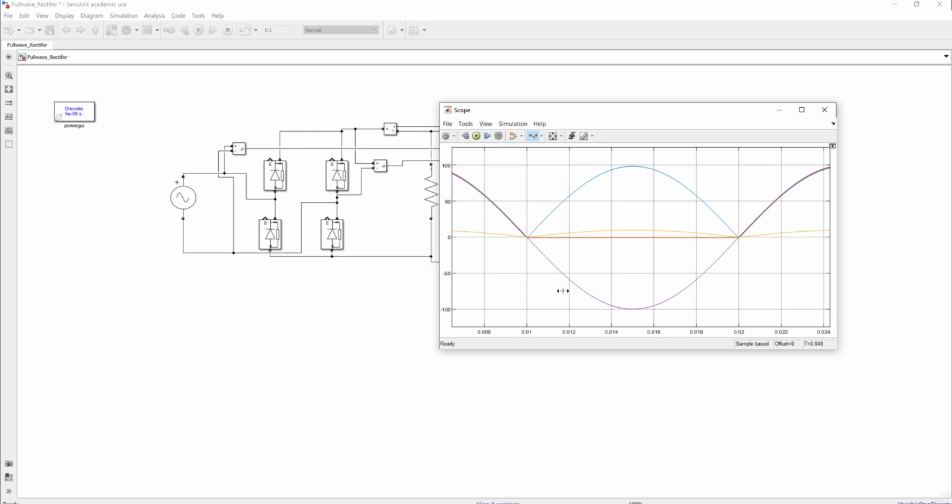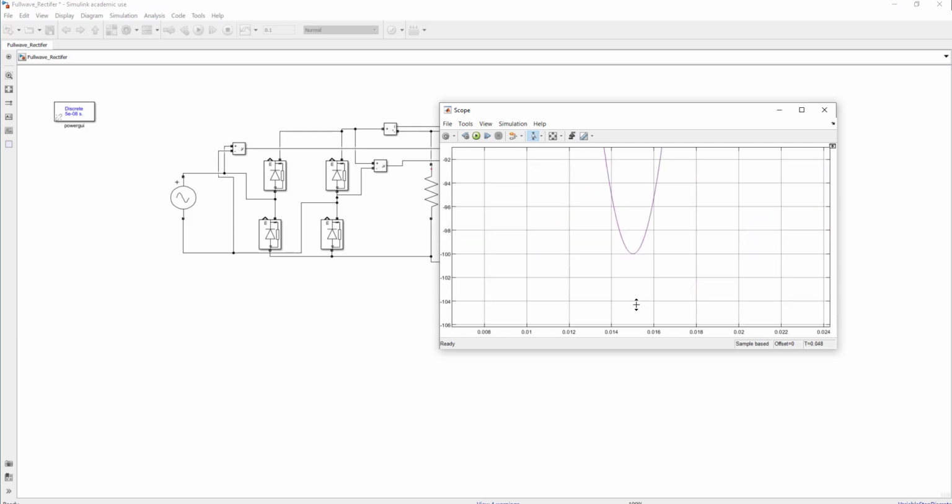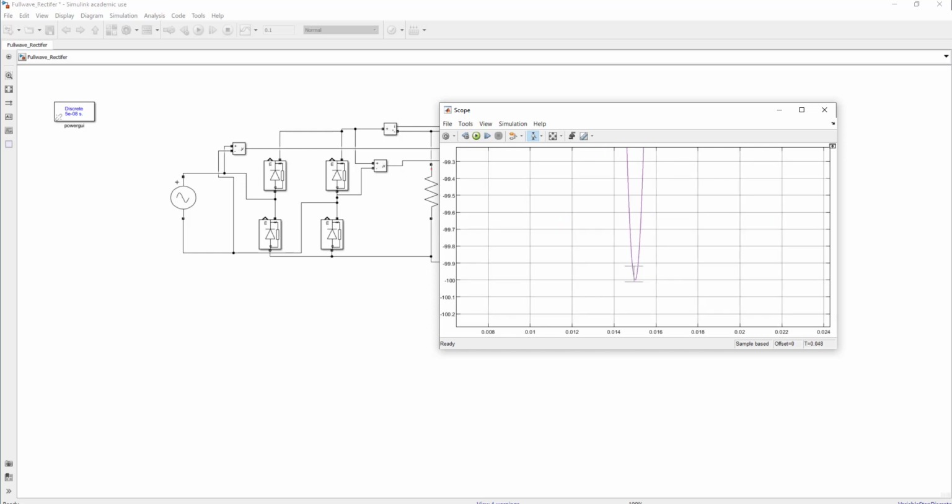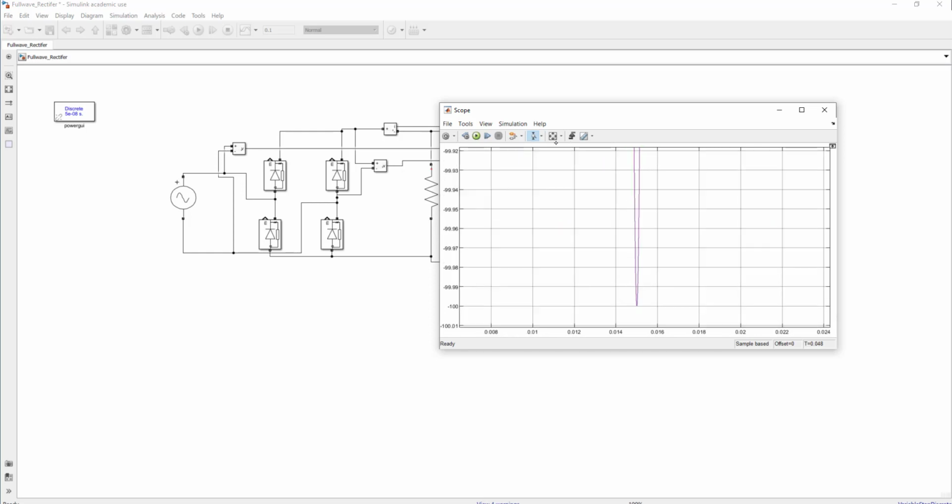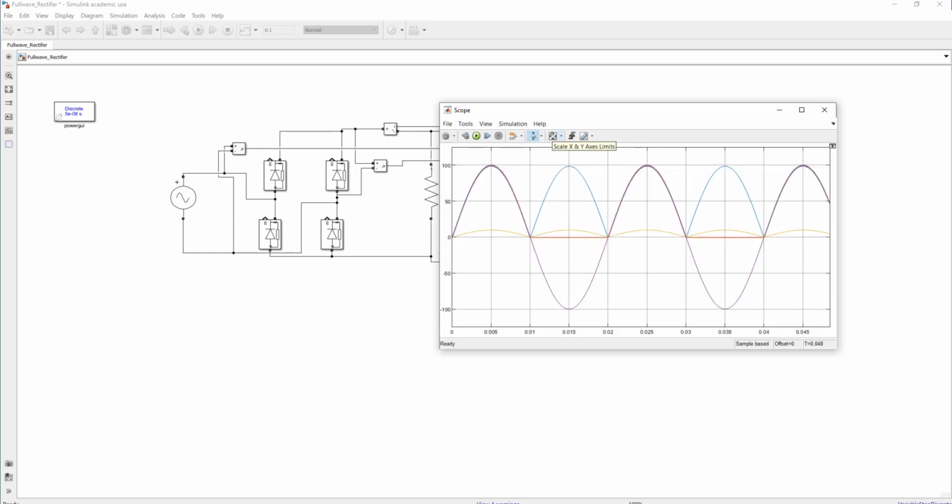So that is how you can see the peak inverse voltage of this diode is looking only like minus Vm. So it is only up to minus 100. But you cannot see exactly because both completely coincide with each other. If you want, we can take this waveform separately and we can check.